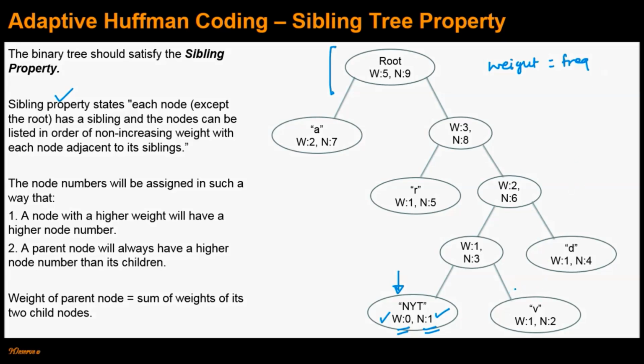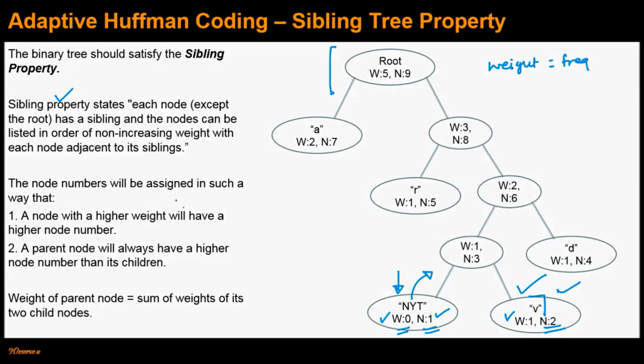So, if we look at this particular node which represents symbol V, the weight at this node is 1, which states that the frequency of symbol V in the given input is 1. Now, the N part denotes the node number. For the node which represents symbol V, the node number is 2. For the node which represents symbol NYT, the node number is 1.